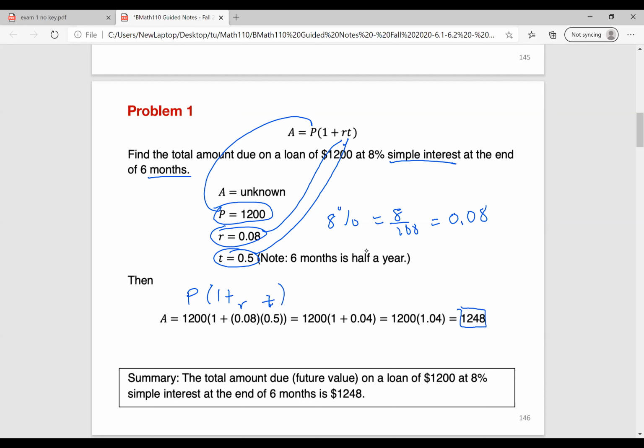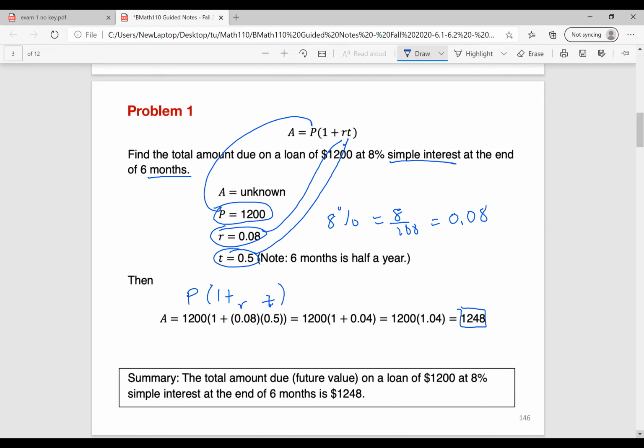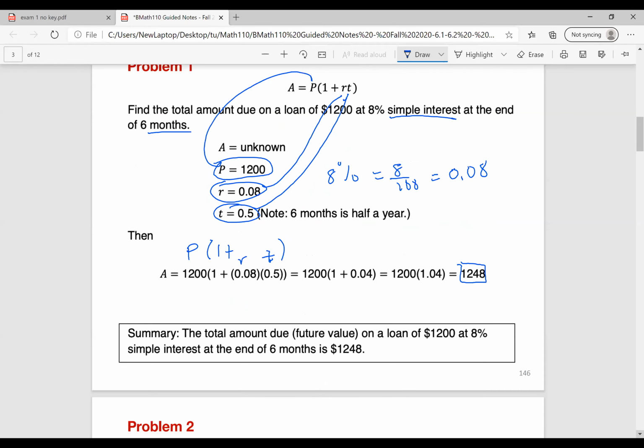To interpret this: the total amount due (future value) on a loan of $1,200 at 8% simple interest at the end of 6 months is $1,248. That should be the answer.